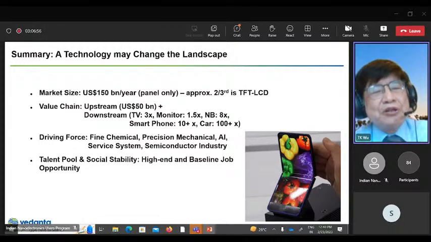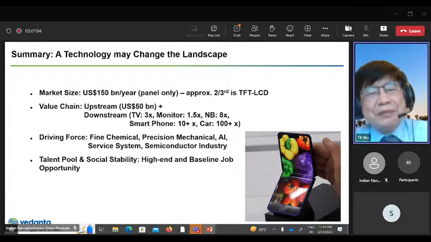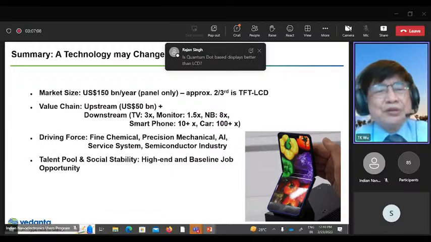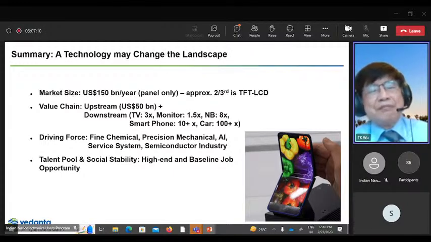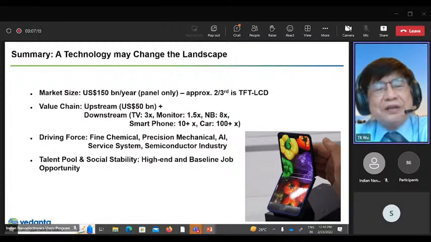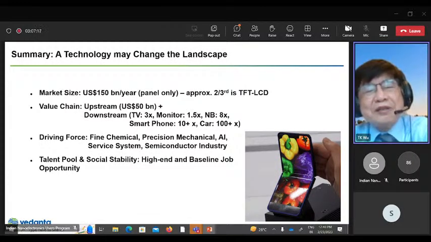Okay, value chain upstream, there's another 50 billion. Downstream, for TV it is 3 times higher, which means one-third of the cost is panel, and two-thirds comes from other components. So that's another very good business opportunity. Monitor is 1.5 times, notebook is 8 times higher.